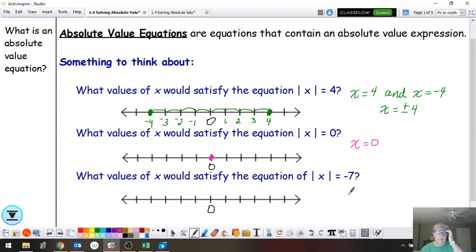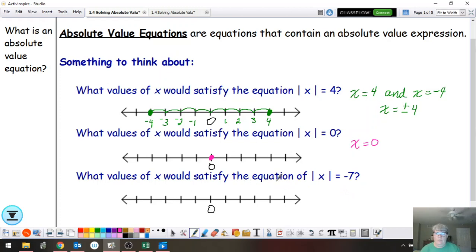But we just said in the definition that absolute value is a distance, and distance isn't negative. We don't say that the distance between two cities is -150 miles. We would say that the distance between two cities is 150 miles. We don't say the distance between classrooms is -25 feet. We would say the distance between classrooms is a positive 25 feet.